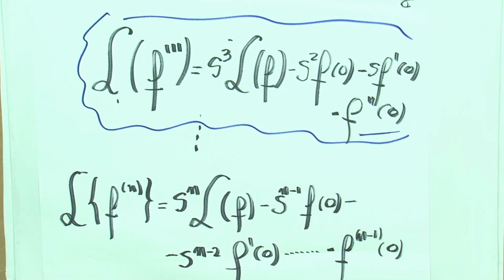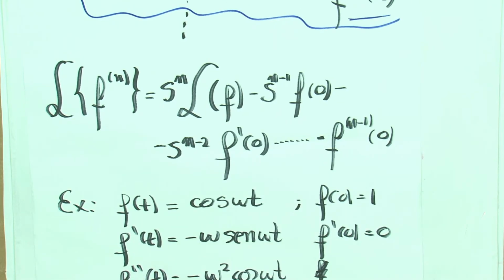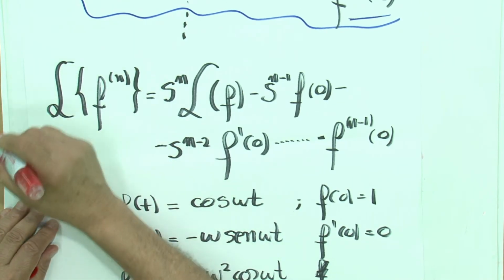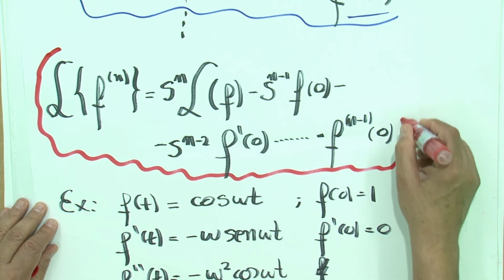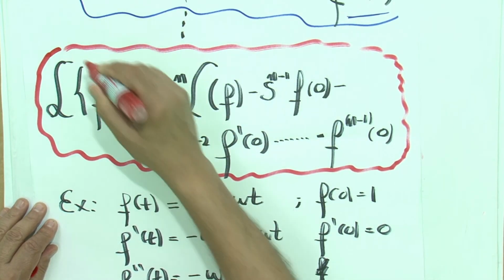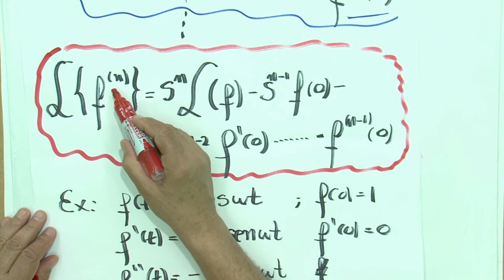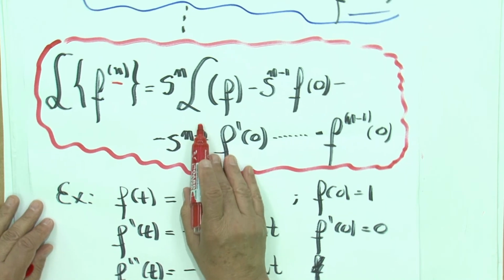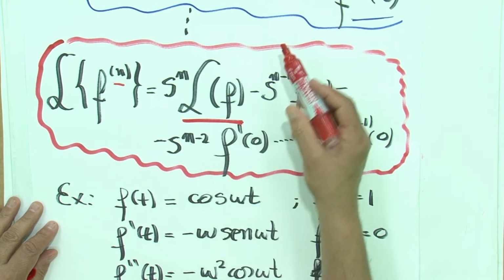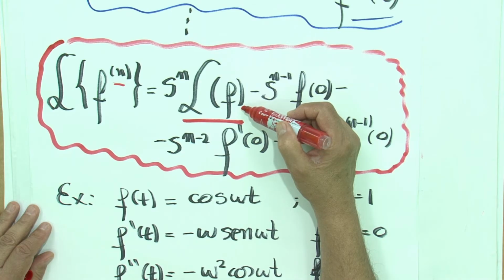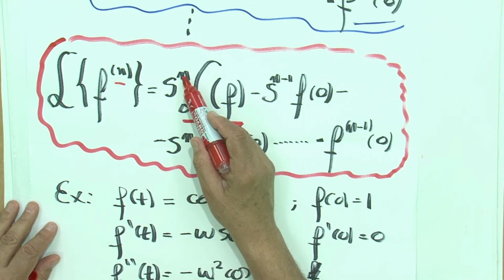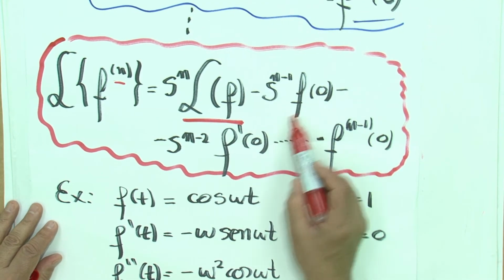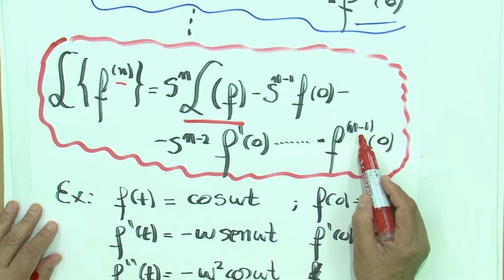And of course, just to be complete in this tutorial, I'll generalize and say, if you want the Laplace transform of any derivative of the function, of any order n, it is related to the Laplace transform of the function times s to the n, as we saw, always, but then you need to know the n minus 1 initial values.